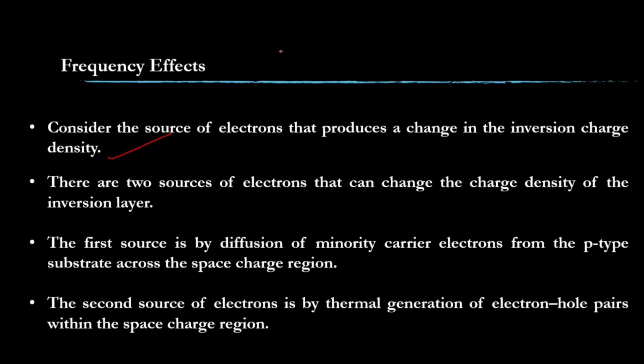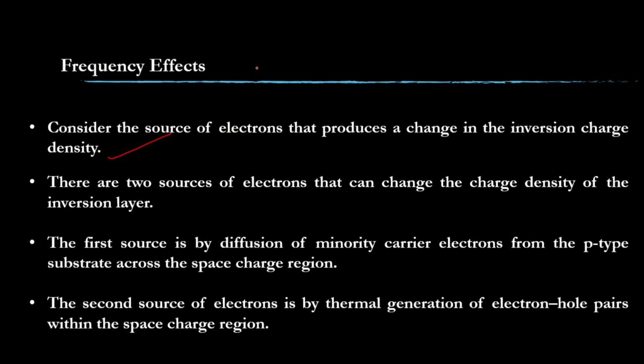I told you previously, if I apply more positive voltage, the inversion is going to happen at the junction of oxide and semiconductor layer, okay. And inversion means the p-type semiconductor gradually becomes an n-type semiconductor.